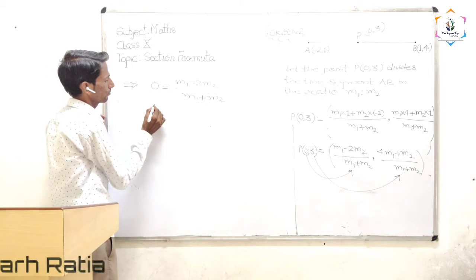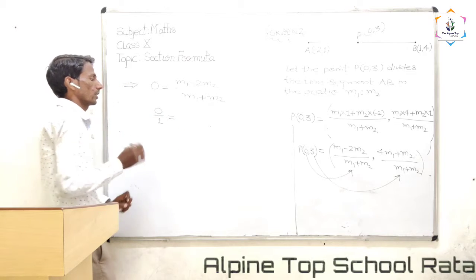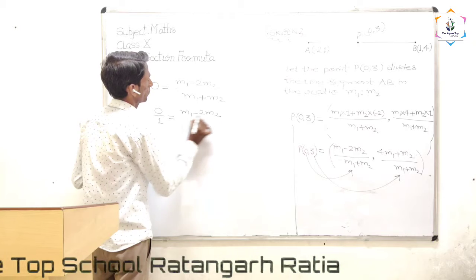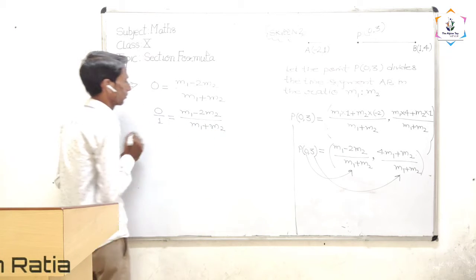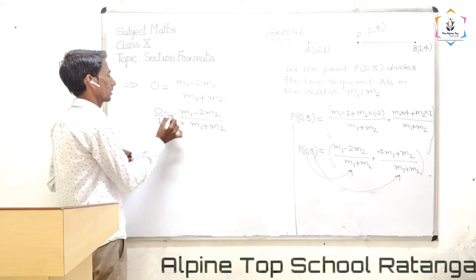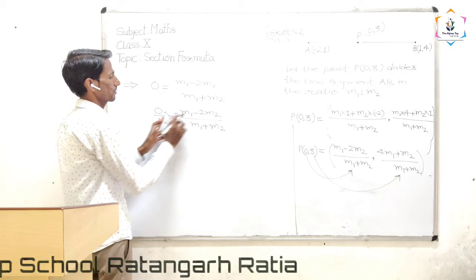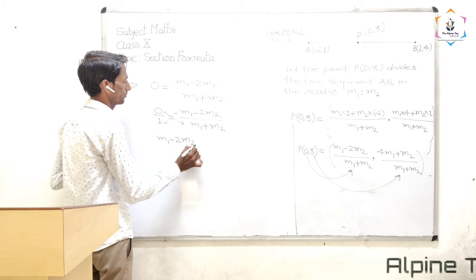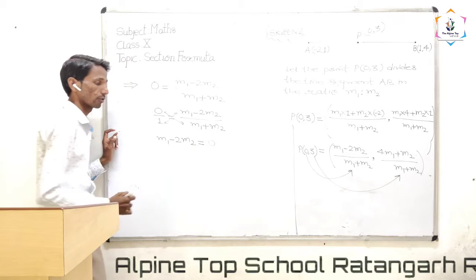You may write 0 as 0 over 1 because the value is not affected. Now students, do the cross multiplication. 0 times (m1 plus m2) is 0, and 1 times (m1 minus 2 m2) gives m1 minus twice of m2, which equals 0.